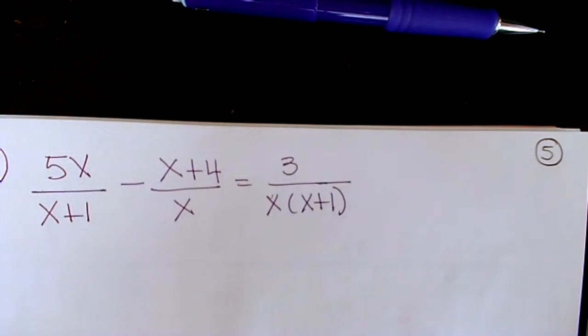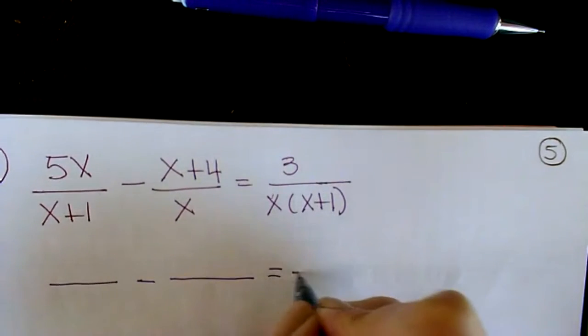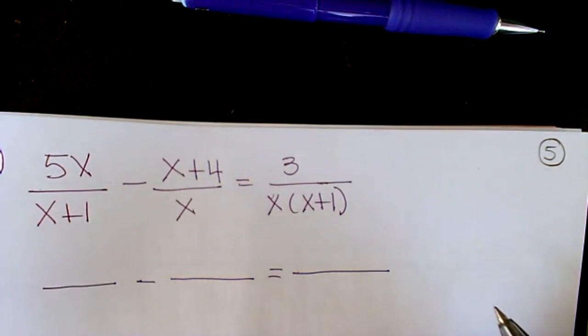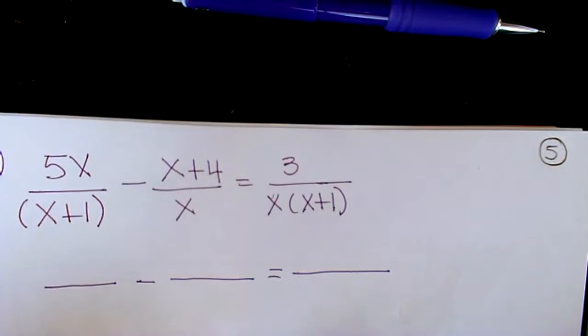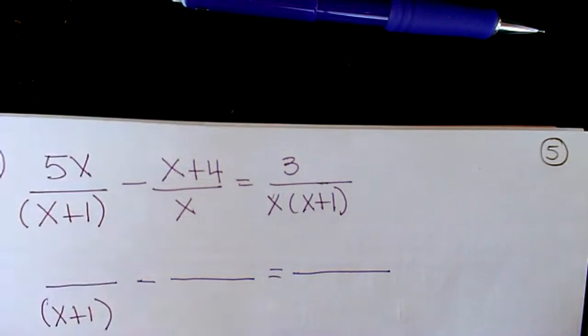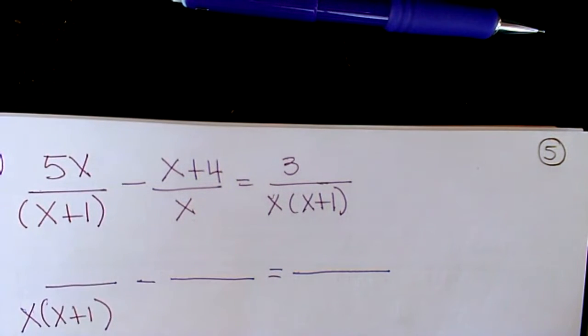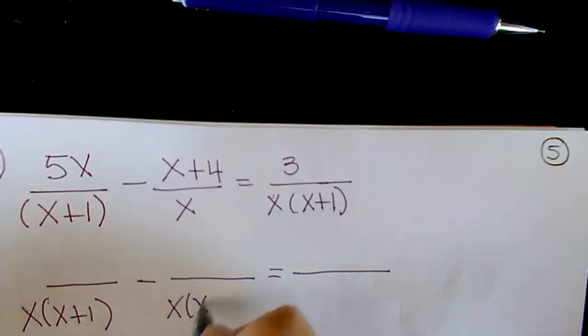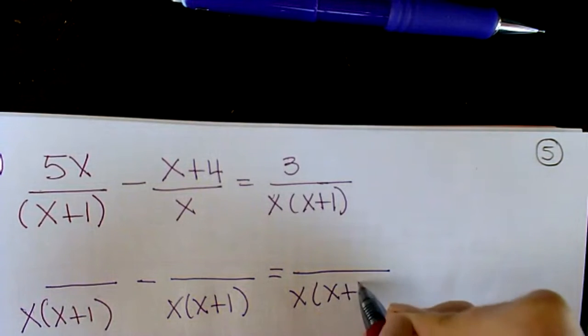So my lowest common denominator is going to have an x plus 1, right? And it needs to have an x. Remember, it has to match. So this is my lowest common denominator.